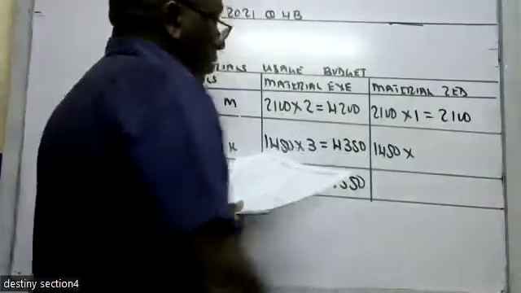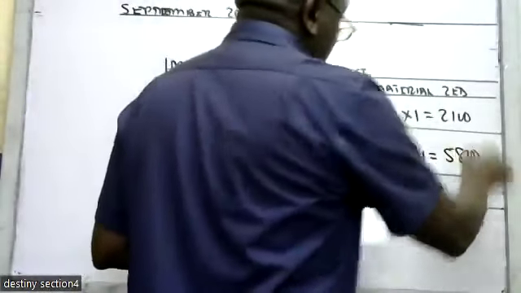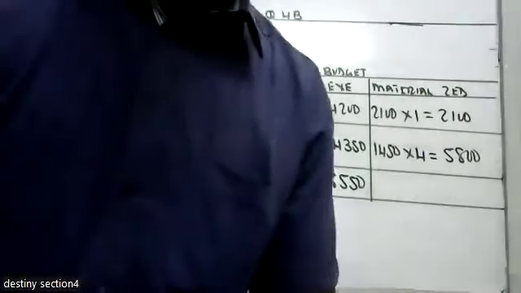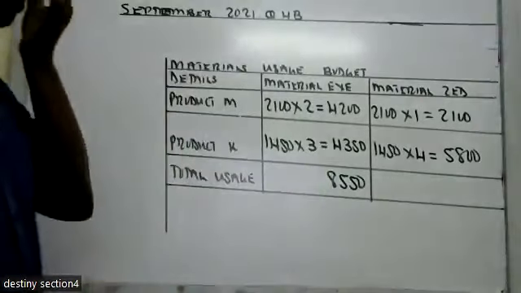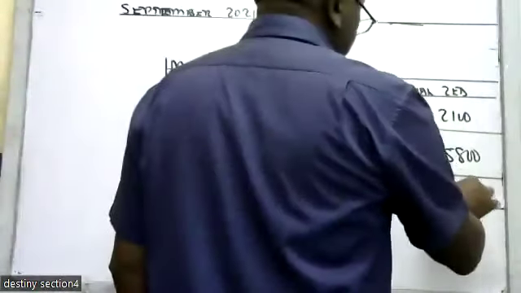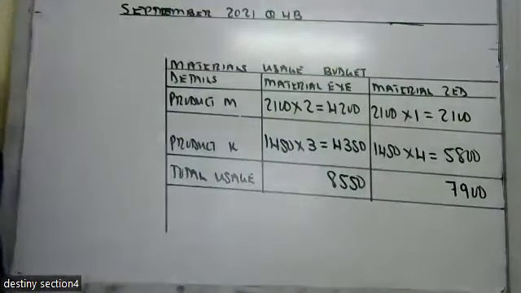And here we require 4. So how many liters are those? 5800. So when you add, 7900. That's how you compute materials usage.